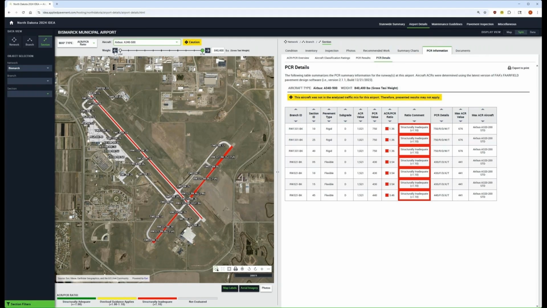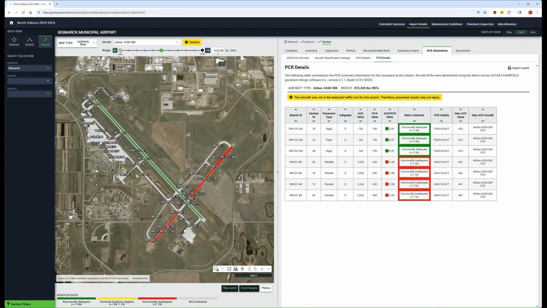You can adjust this weight to see if there's a lower operating weight that might be able to be accommodated on an infrequent basis. At this point, this aircraft, the A340-500, if it operated at 705,000, 706,000 pounds and it was infrequent, at least on runway 13/31, it could come in and be within overload guidance.